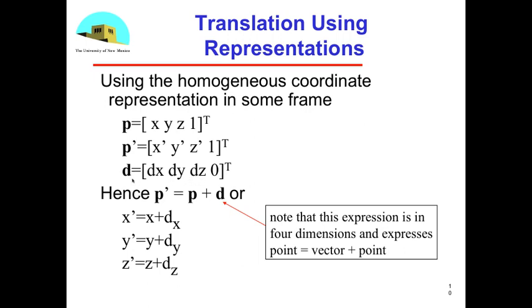If I add two representations of vectors, the 0 in the 4th component always gives me another vector with a 0. If I try to add 2 points together, notice what happens. I get 1 plus 1, which is 2, and that doesn't make any sense because all I can have is a 0 or 1 here, a 0 for a vector and a 1 for a point.